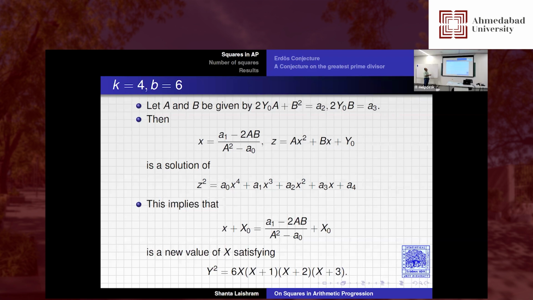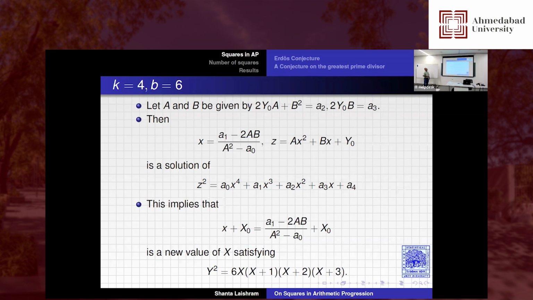And from here I get a. Then it turns out that small x is a1 minus 2b by a square minus a naught. G is ax square plus bx plus y naught is a solution of this equation. So this implies that x plus x naught, which is a1 minus 2ab by a square minus a naught plus x naught, is a new value of x satisfying our original equation.